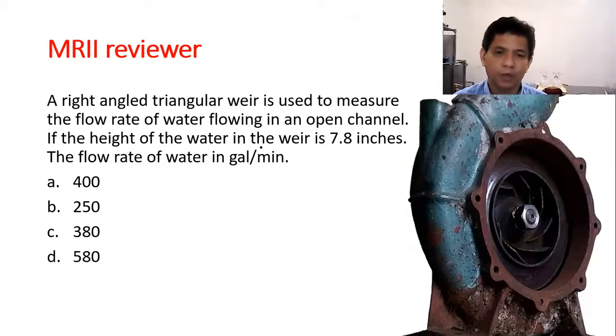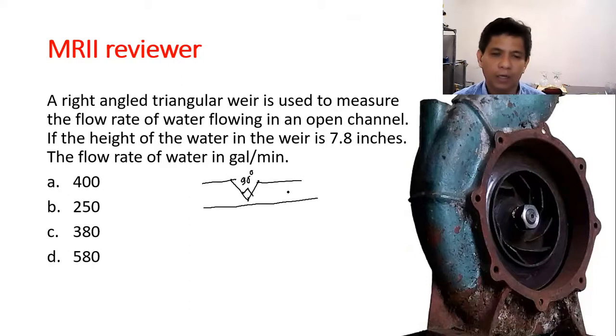A drawing will help. We have a triangular weir, a right angle triangular weir, meaning this is 90 degrees. If you draw a horizontal line right here, you can see this is 45 degrees, so your P is 45 degrees. The height of the liquid is given as 7.8 inches.